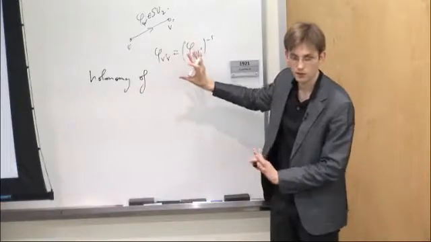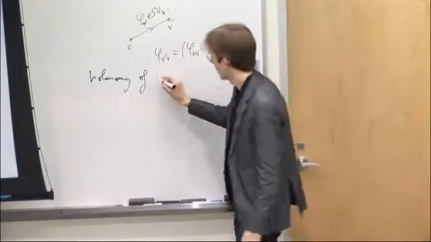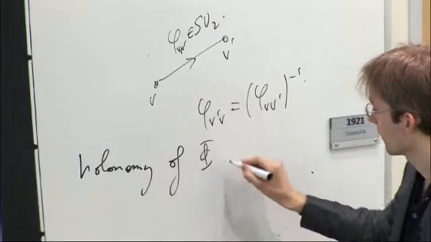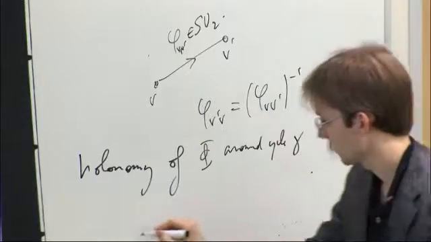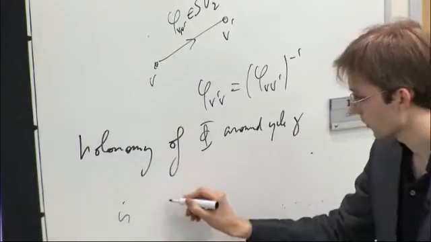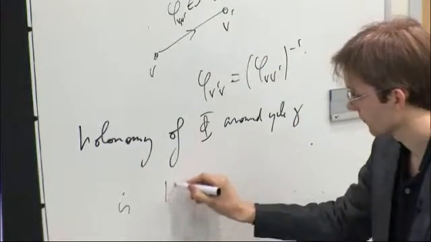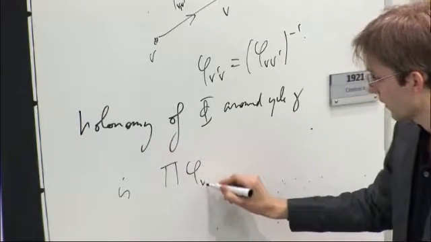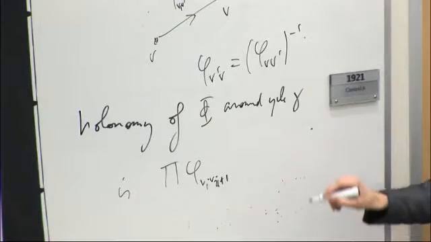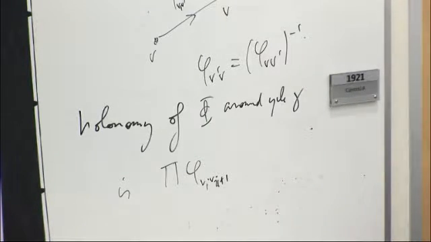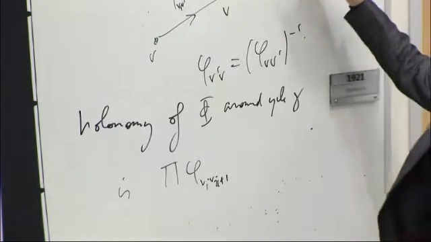The holonomy of phi around a cycle gamma is the composition of the phi v i, v i plus 1, if the cycle is indexed by vertices v i.